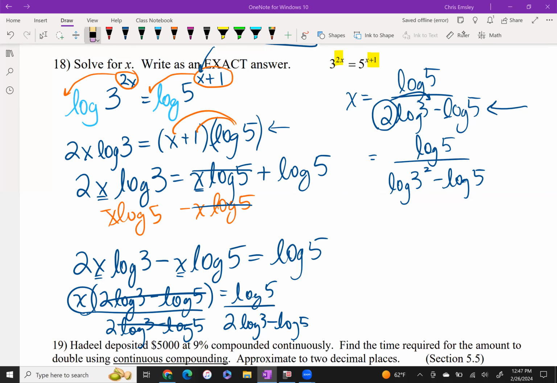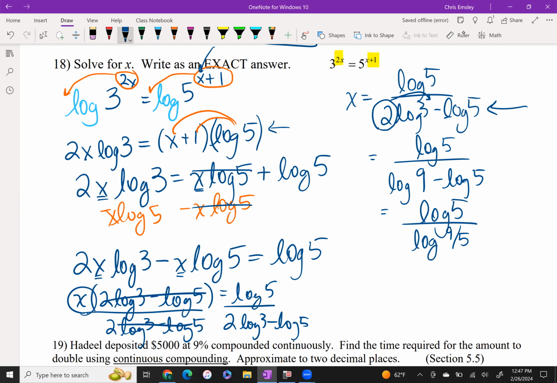Okay, so 3 squared is 9. I'm just going to go ahead and simplify that. And then we have the difference of two logarithms, and those can be combined into a single logarithm through the quotient rule, through division. So that is equivalent to log of 9/5.